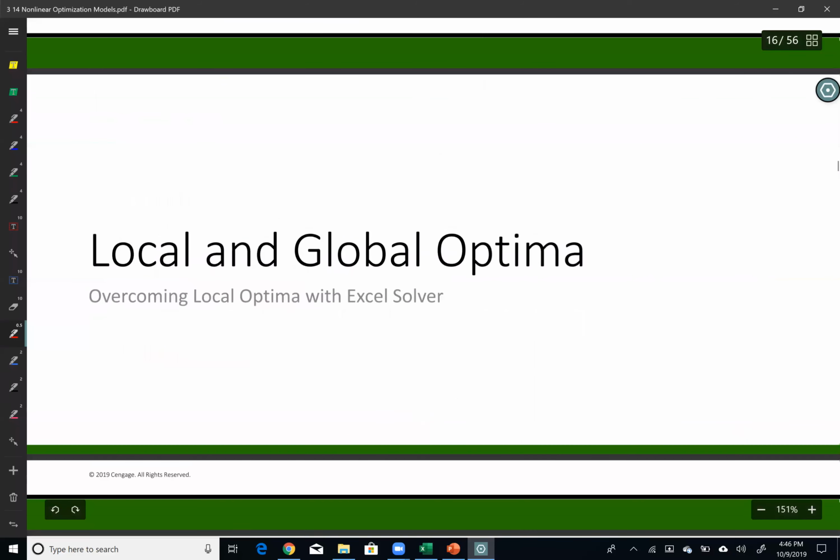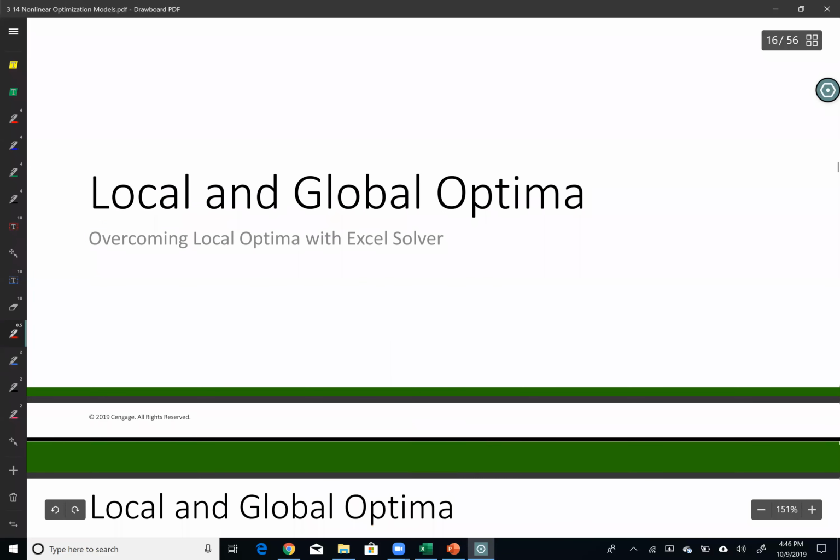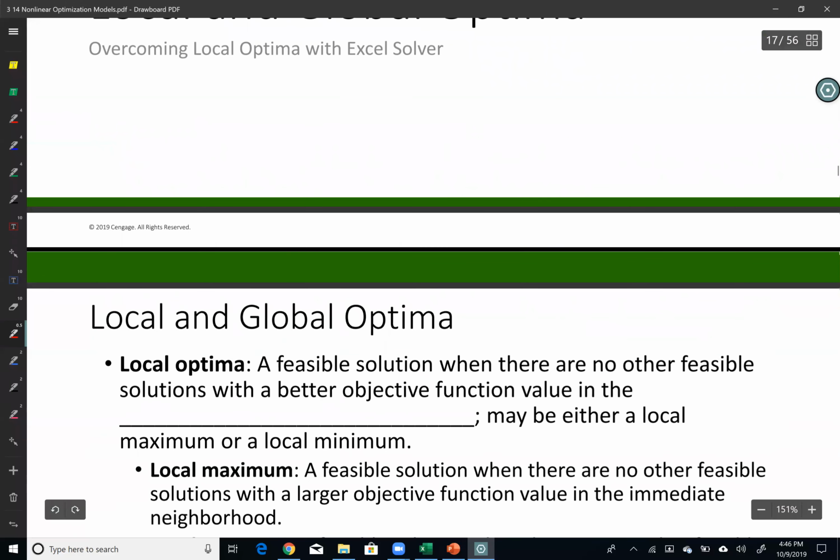Actually, I would like to talk about local and global optimal solutions again. We talked briefly about that. So let's dive into that. So local optimum, again, is a feasible solution where there are no other feasible solutions with a better objective function in the immediate neighborhood.